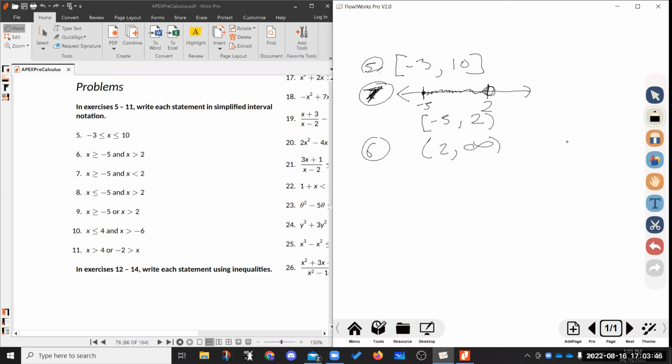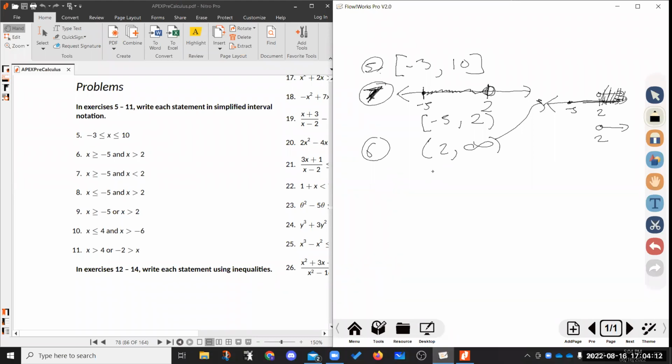So I need to look at the intersection of greater than or equal to -5 and greater than 2. So the intersection between these two is this part, which is greater than 2. That's number 6.